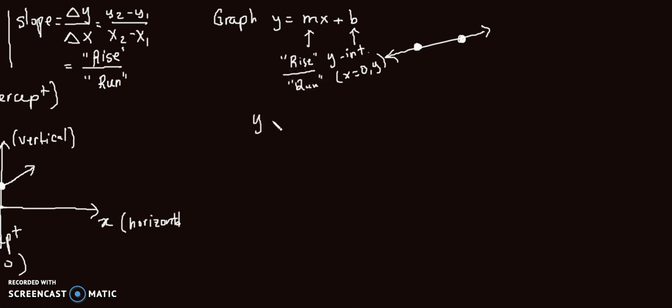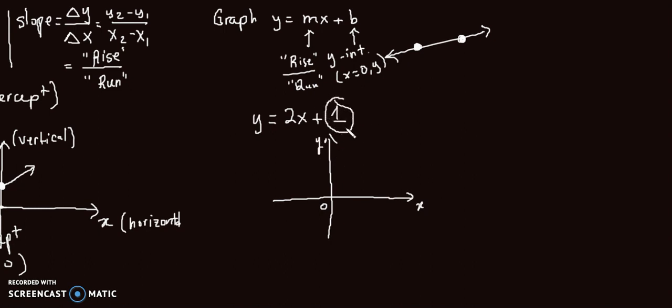Specifically, if I have y equal to 2x plus 1, I'll try to graph. I'll have my Oxy here, and this is my y-intercept. Let's say this is 1, this is 2, this is 3, on both axes. So the y-intercept would be 1, so this is my first point. Then you have slope m equal to 2.